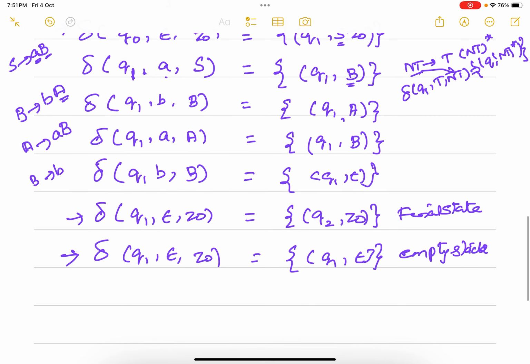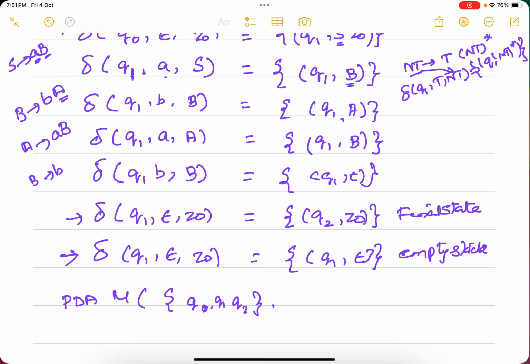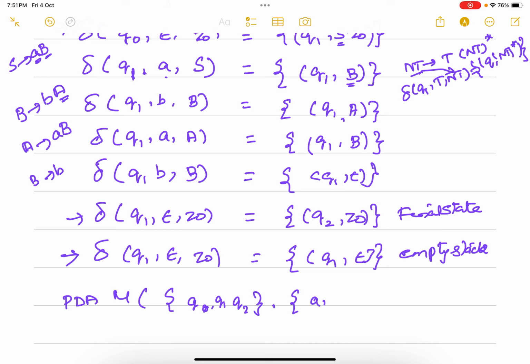So from this we can construct the PDA M, where Q is Q0, Q1, Q2. The set of states is Q0, Q1, Q2. The set of input symbols is A comma B. The set of stack symbols is A comma B. Delta is defined here.